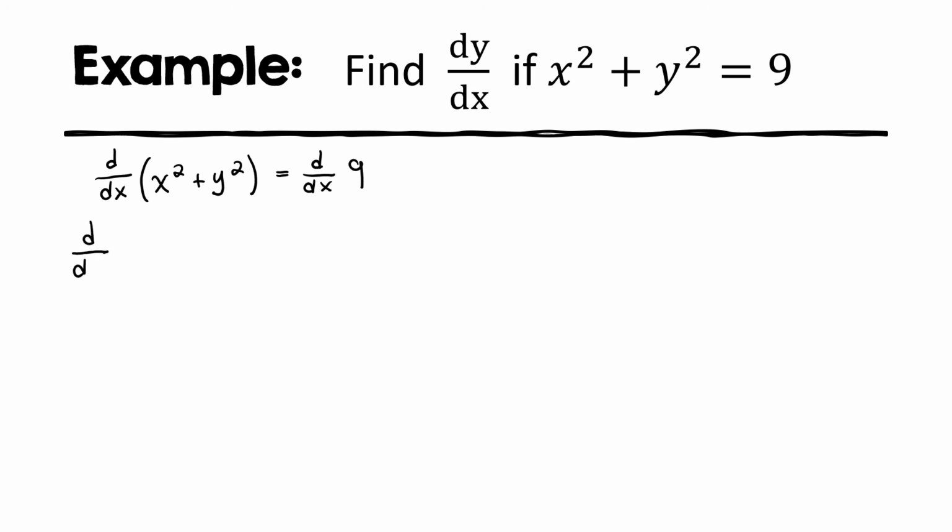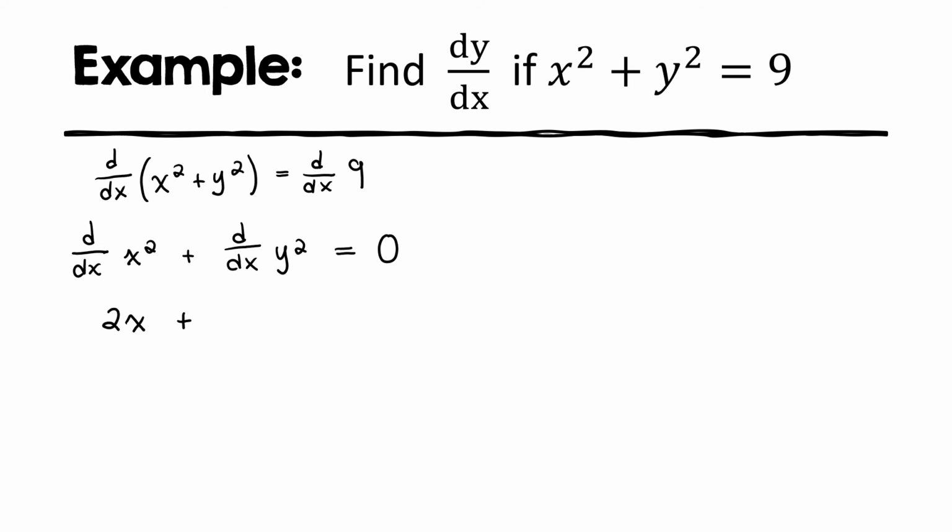So we have the derivative with respect to x of x squared plus the derivative with respect to x of y squared. And that'll be equal to the derivative with respect to x of 9. The derivative of a constant is 0. Now, we know the derivative with respect to x of x squared. That will be equal to 2x, just using our power rule.